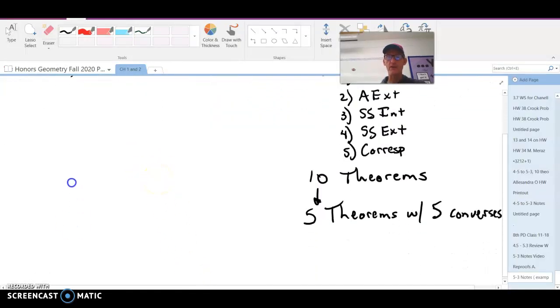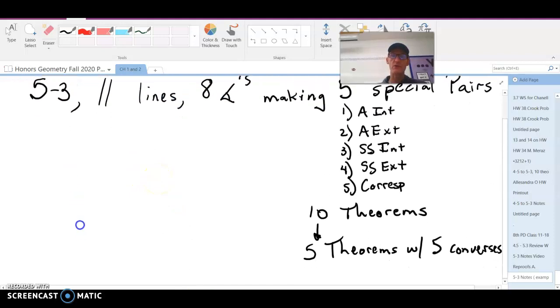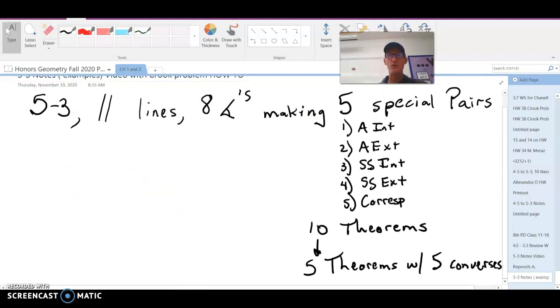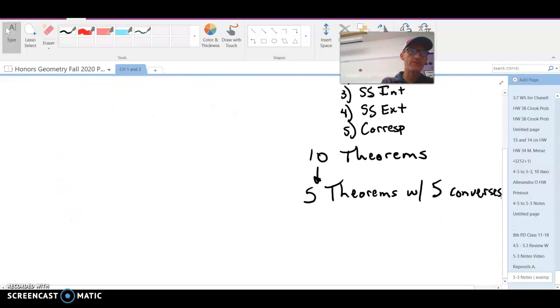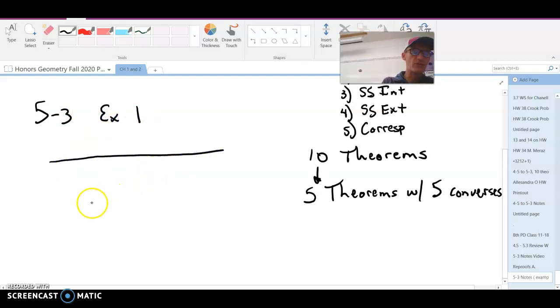So 5-3, okay, here's 2 examples with 5-3, which is really 5-2, 5-3, 4-4, 4-5. They're all related to this. So in 5-3, example 1, there's a proof here, and the proof looks like this.